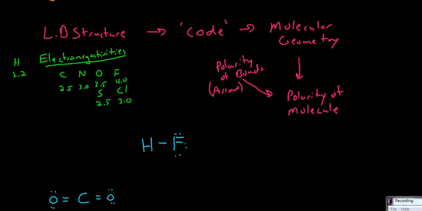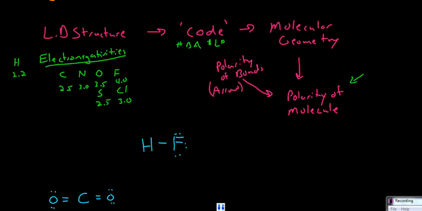To get to the polarity of the molecule, you need to first draw out the Lewis dot structure. This will give you a code about the number of bonded atoms and the number of lone pairs on the central atom. This code tells you the molecular geometry and therefore the polarity of your molecules. So combine your molecular geometry with the polarity of the bonds, and that tells you the polarity of the molecule.